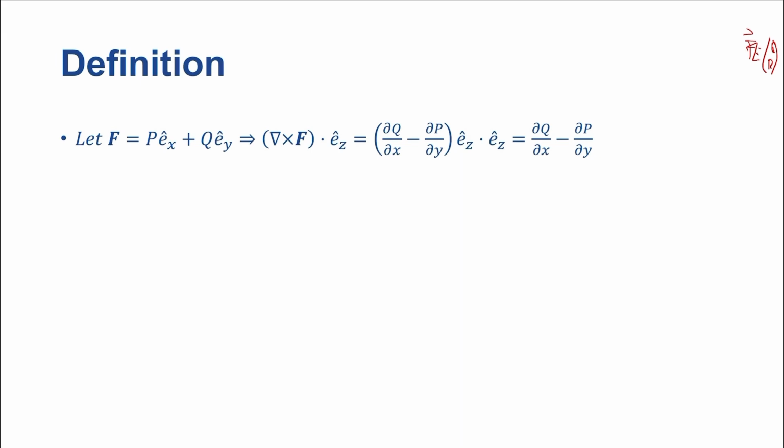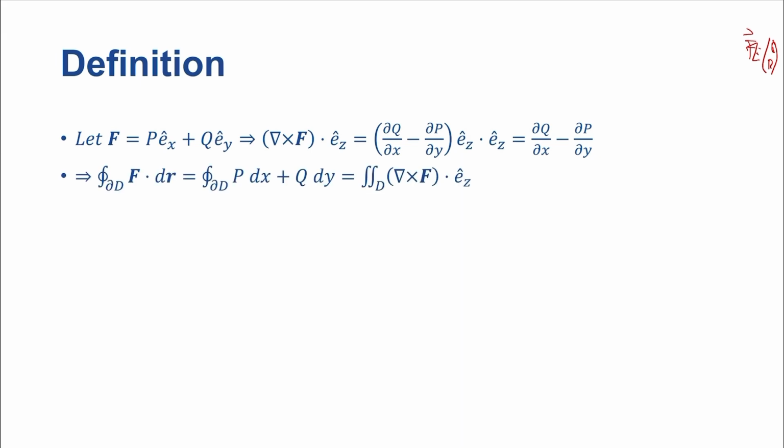Now, this looks strangely familiar, because this is the form of Green's theorem that we had inside of the double integral region. So what this means is we can actually write Green's theorem in vector form, as opposed to that weird form where we had P dx plus Q dy.